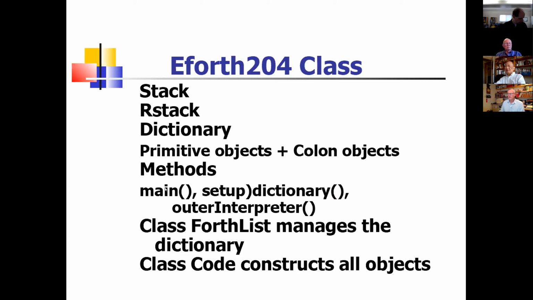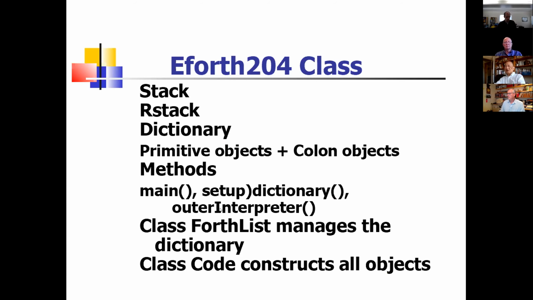So the main, it has a default main method, which will always get executed. And I think this should be an underscore, I mistyped. And I have a setup dictionary method that sets up the primitives.